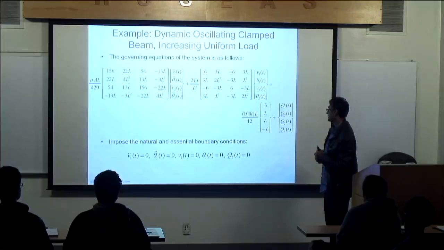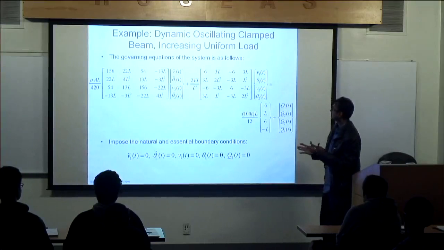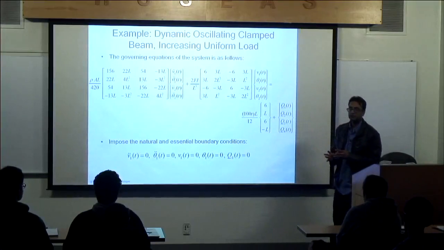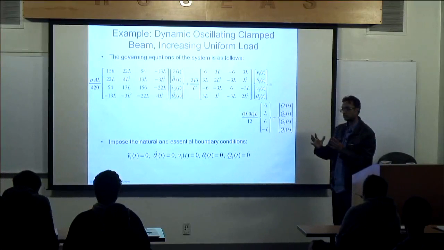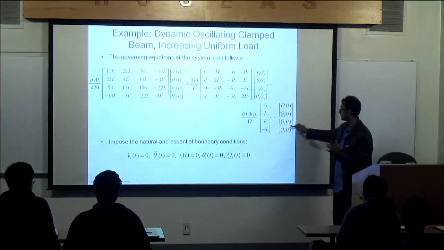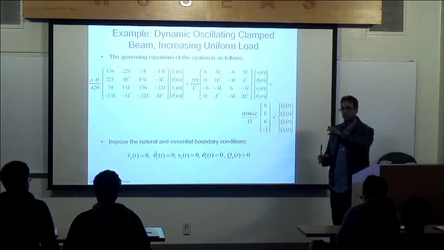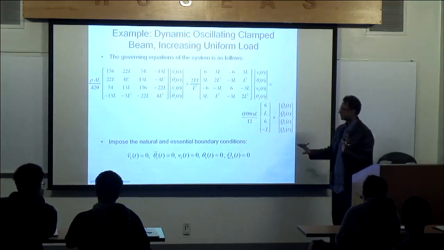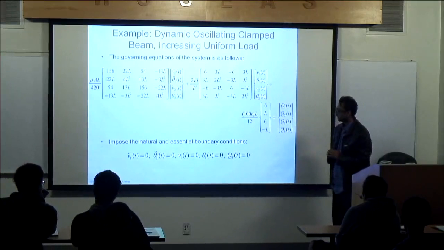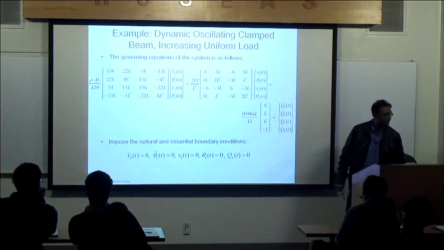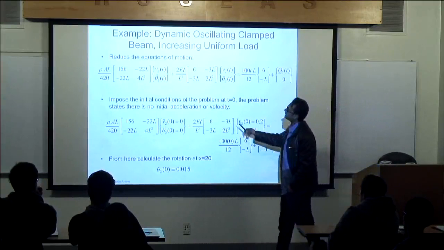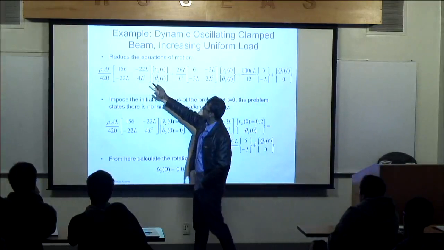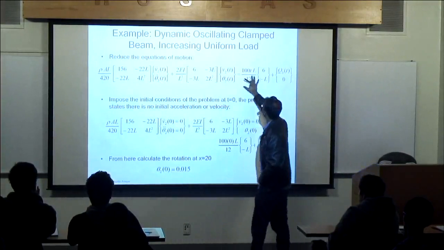Second thing is that I don't have any loading applied on the right-hand side. So Q3 and Q4, basically, I have no moments or transverse loads applied. So those are 0, in essence. So I impose the boundary conditions, and I'm basically left with a reduction in the equations of motion that look like this. Okay.